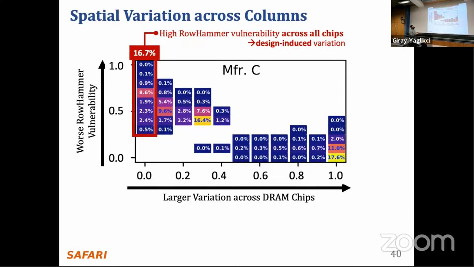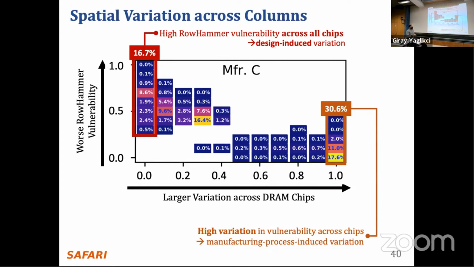And having this similar high RowHammer vulnerability across all chips in a module indicates that there is some design-induced variation here, because these columns are consistently more vulnerable than other columns across all chips.